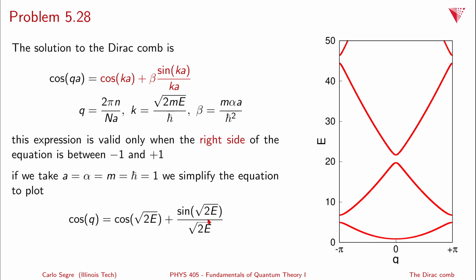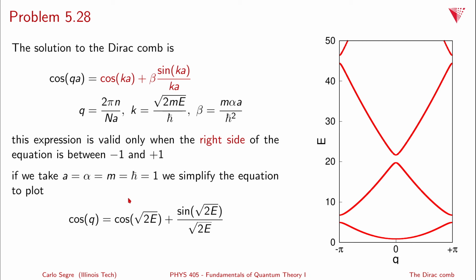So now I can plot. When I get values of q, I can calculate E and then plot them. I get a plot that looks like this. So we have a band, and then a gap, and then another band, and a gap, and another band, and a gap, and another band. Now notice we've plotted these between minus pi and plus pi.